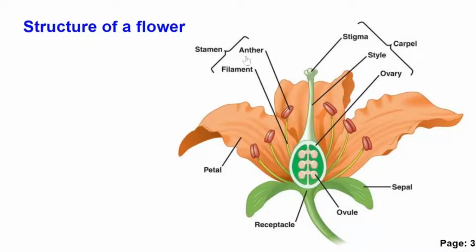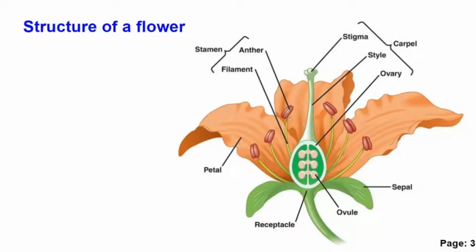What is it? This is anther. And this slender part is the filament. So anther and filament are the stamen.